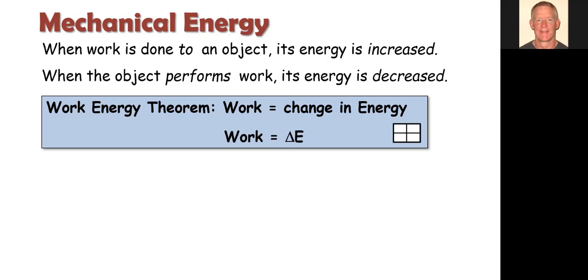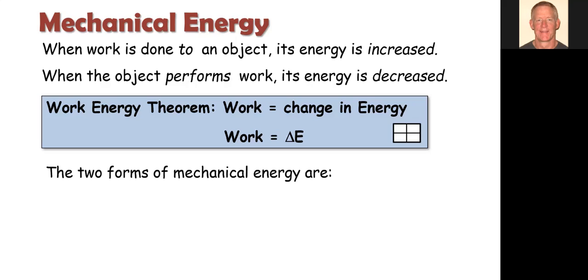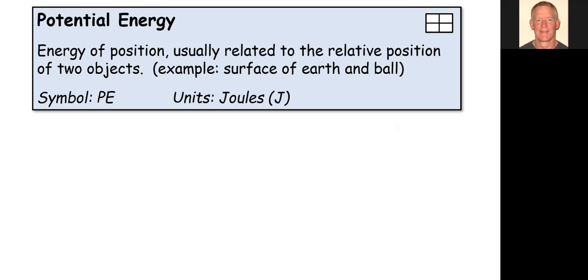And remember, when we defined work and energy, we found that they have the same unit of measure. They both have joules, and this is why work and energy are basically interchangeable. The two forms that we're going to look at are potential energy and kinetic energy. So let's define potential energy first.